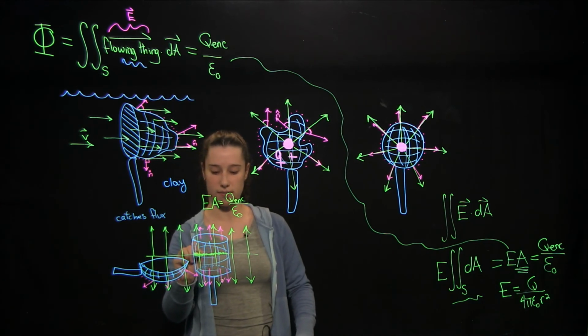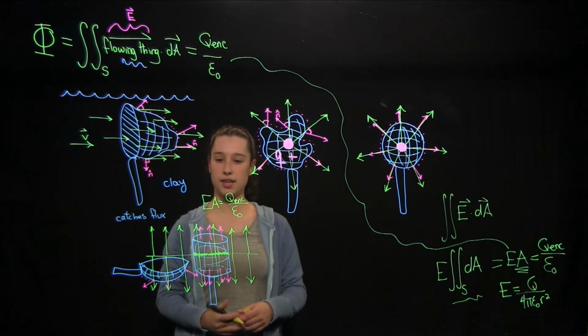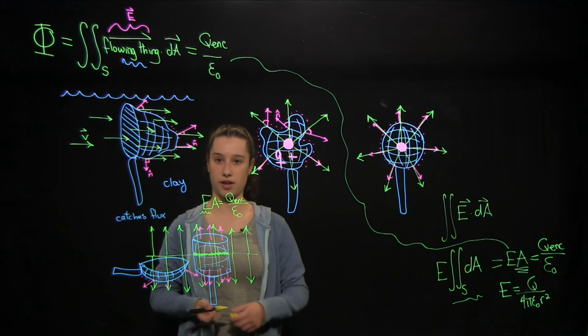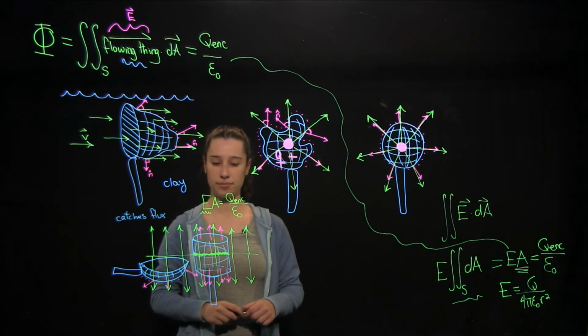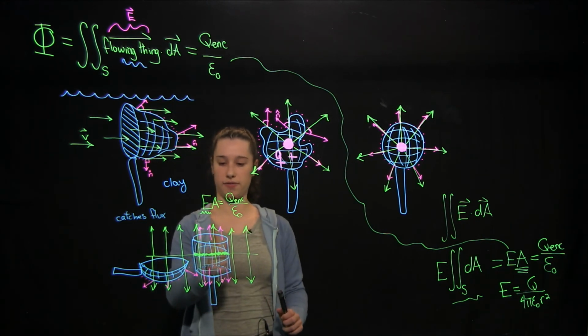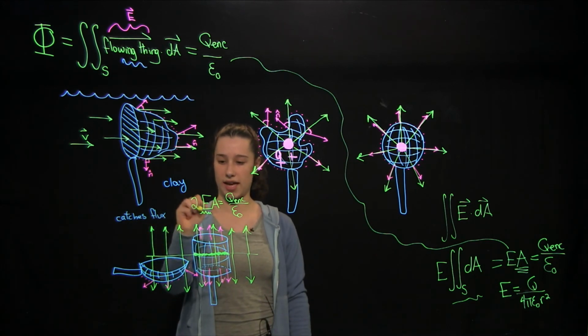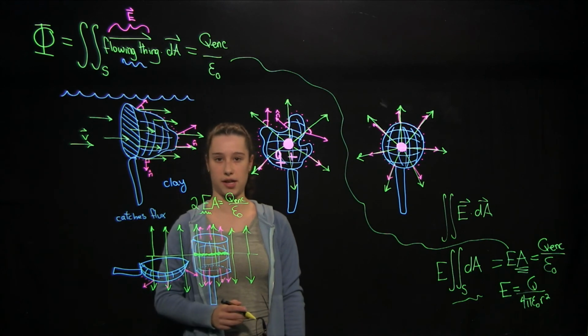Well, we can multiply it by some area or some distance to get that charge enclosed, and then we can also end up solving for E. And in this case, we actually have two sides that the flux is coming out of. We have flux coming out over here, and we have flux coming out over here. So this would be 2EA is equal to the charge enclosed over epsilon naught.